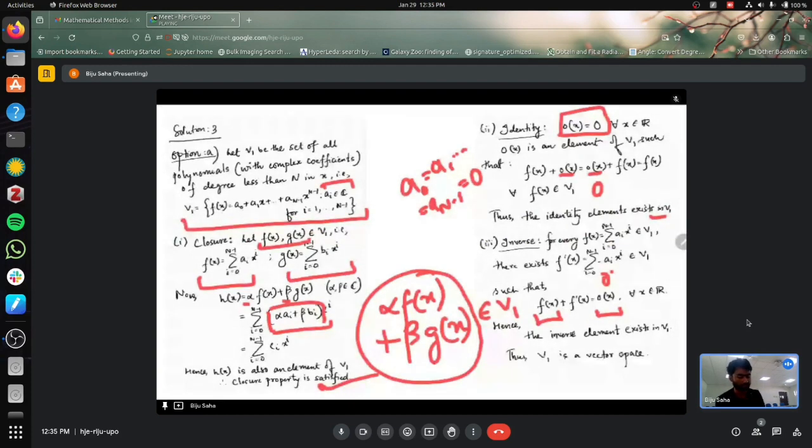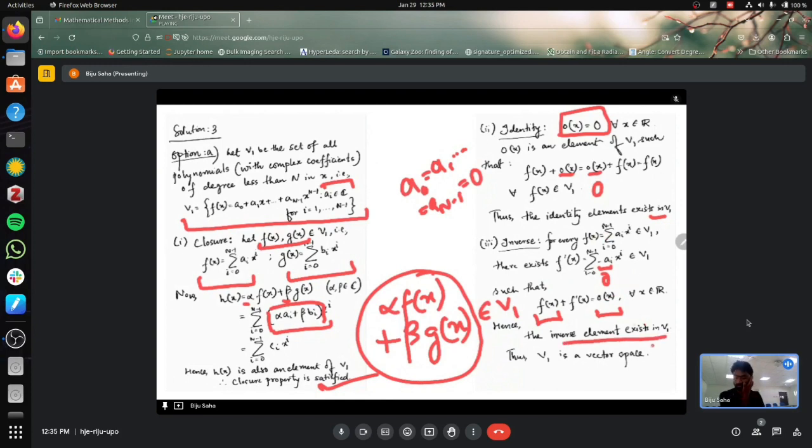Obviously it is the negative of the coefficient. So the individual coefficients are the negative of the original coefficients. When you add them, you get back the identity element, which is 0. So every element has an inverse, and the inverse lies in the set itself, v1. Inverse element exists in v1.